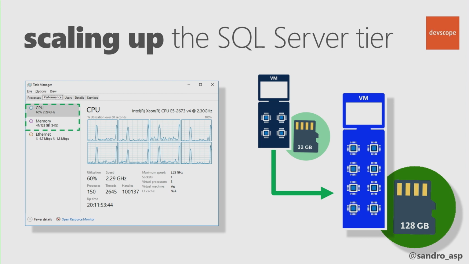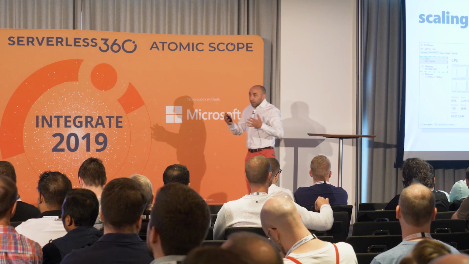So to solve that, of course, we knew that the problem was SQL Server. We didn't actually use any tool, we just logged in and looked at the CPU analysis, and that's it. Observation is the key. And we scaled up.